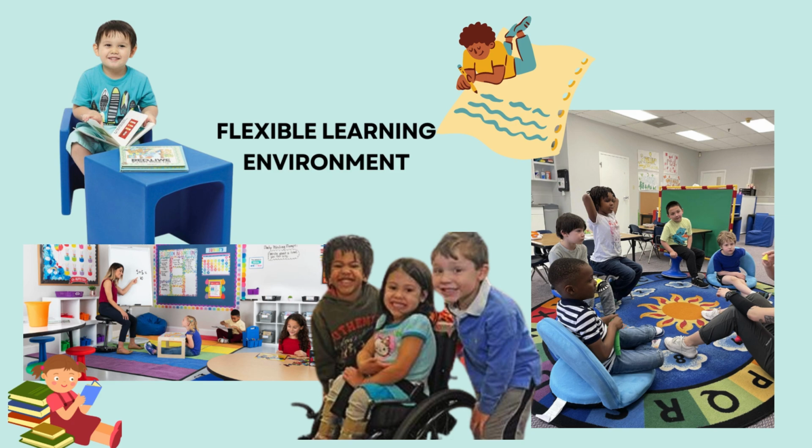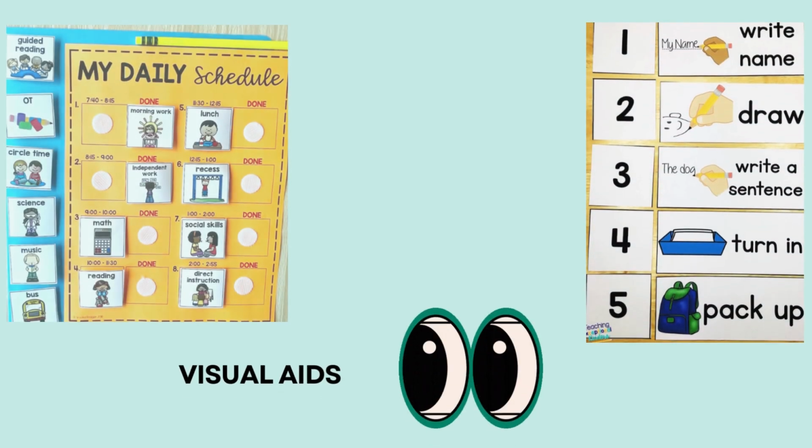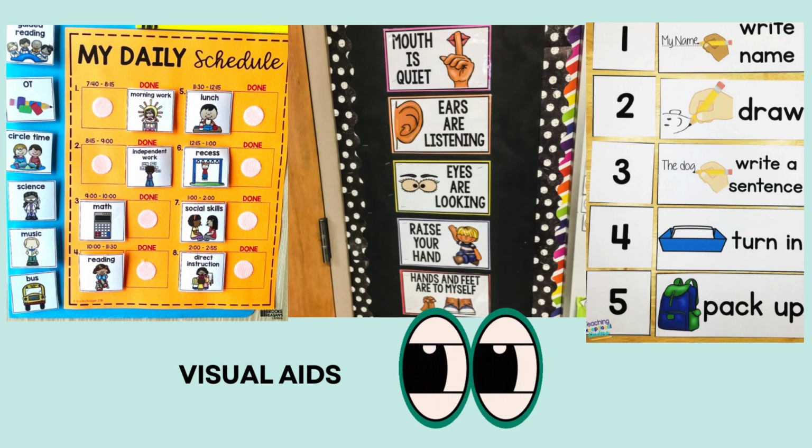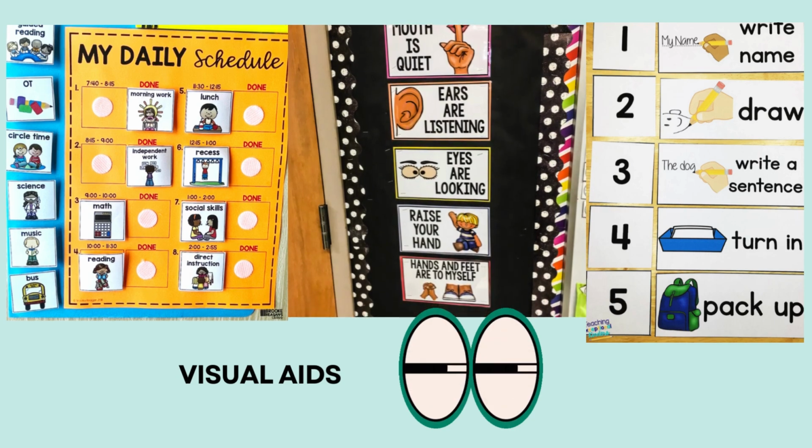Are there flexible seating options, such as beanbags, standing desks, or floor cushions that can help create a more inclusive environment? Additionally, consider how you display information and materials in your classroom. Using visual aids such as charts and posters alongside written instructions can cater to visual learners.